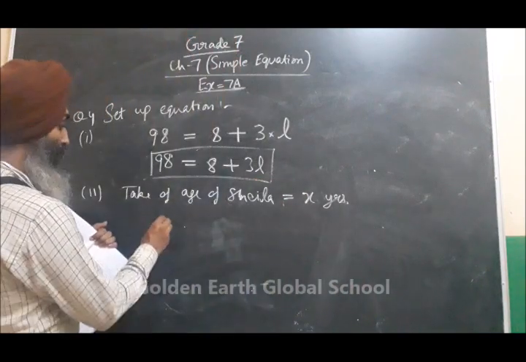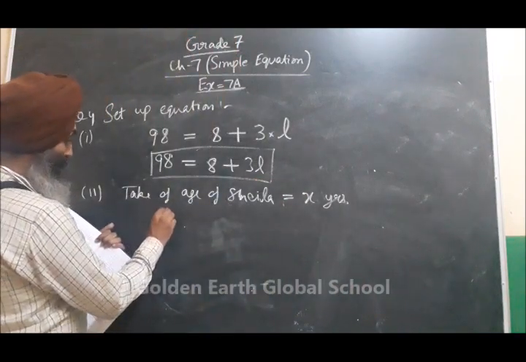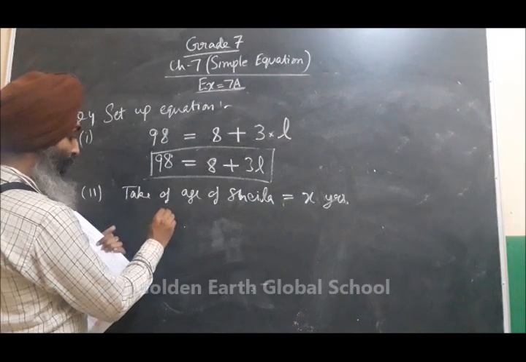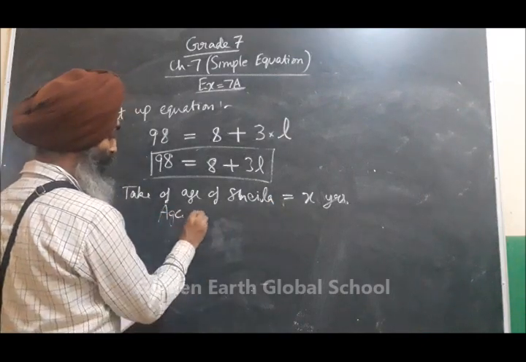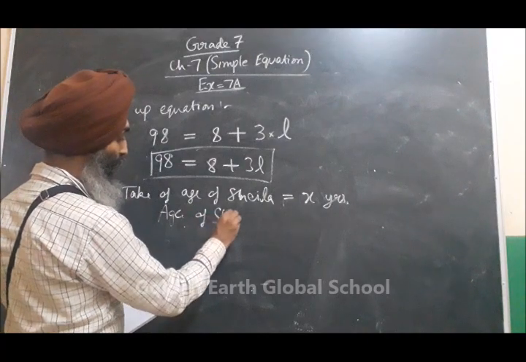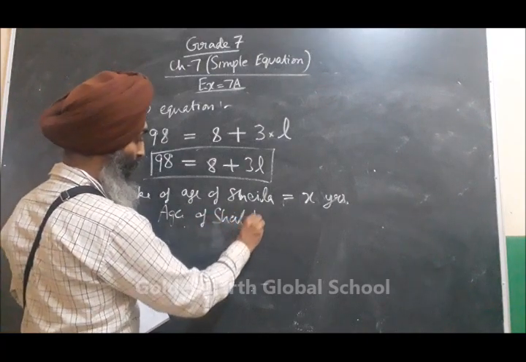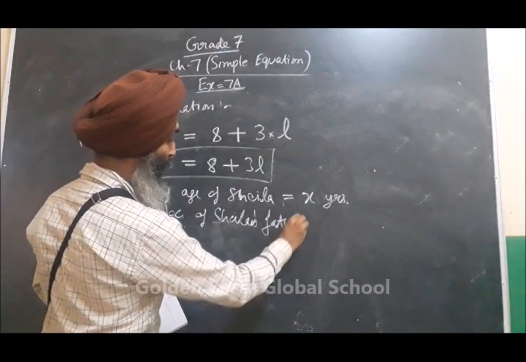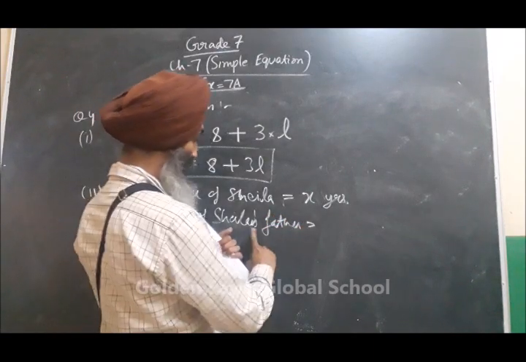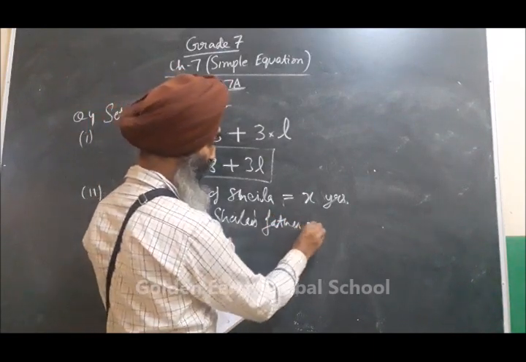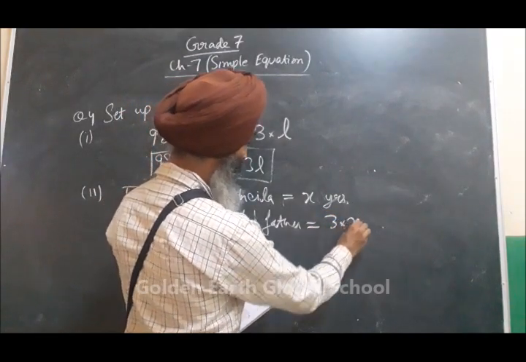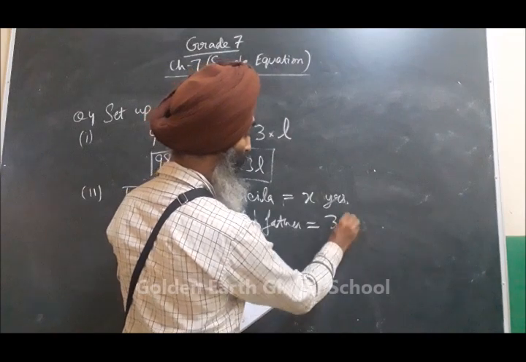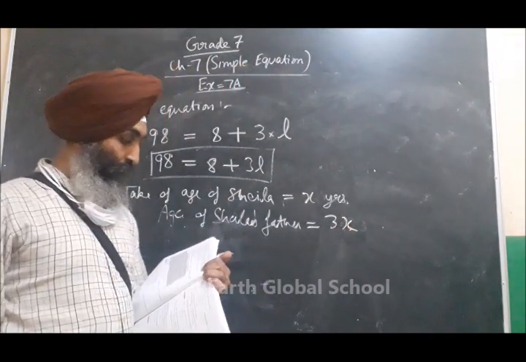So if the age of Sheila is x, then the age of Sheila's father will be 3 times, and times means multiply, so you can simply write 3x.